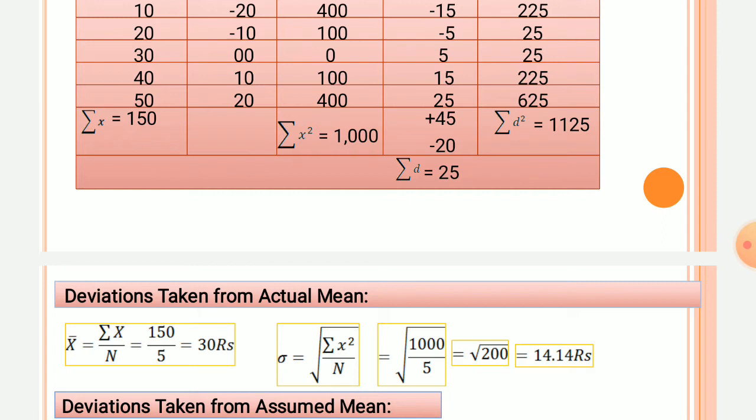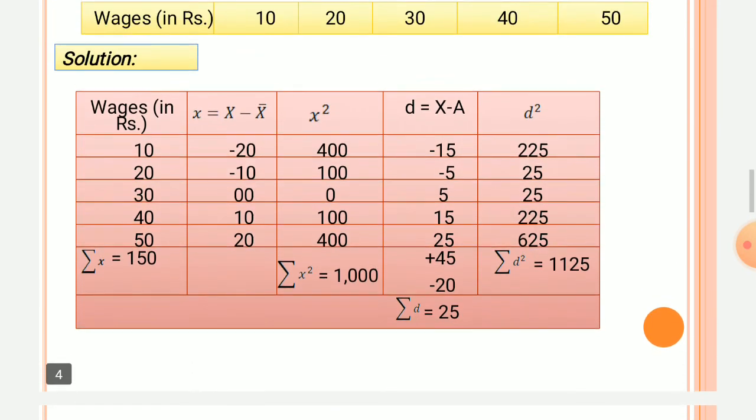This is the value of the arithmetic mean. Now x minus 30: 10 minus 30 is minus 20, 20 minus 30 is minus 10, 30 minus 30 is 0, 40 minus 30 is plus 10, 50 minus 30 is plus 20.